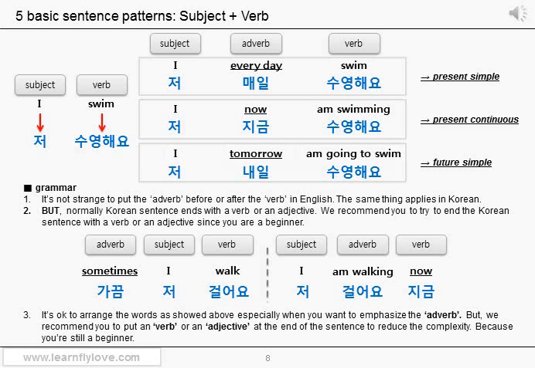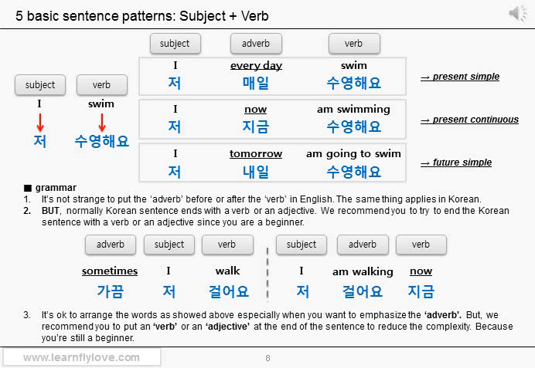I, tomorrow, am going to swim. It's in the future tense with the be going to part. Even if you use the modal will, the same thing will apply. Anyway, you can use the same 수영해요, which is the present simple form with the honorific suffix 요, if you use the proper adverb or adverbial phrase, which indicates the future. We use the word tomorrow here.